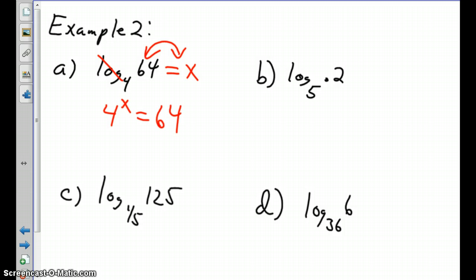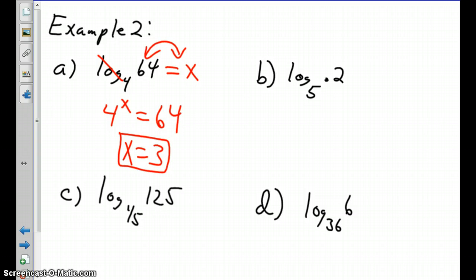Now you tell me, what does x have to be? 4 to what power is 64? 3, so x equals 3. Right, 4 times 4 times 4 is 64. There you go, the answer's 3.